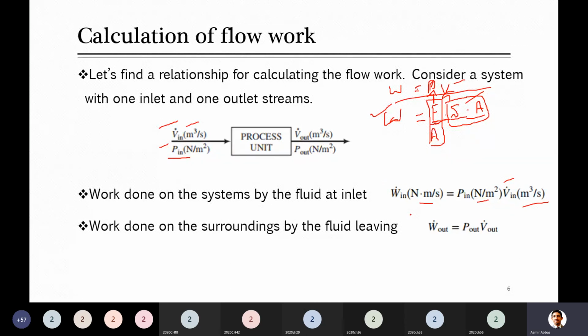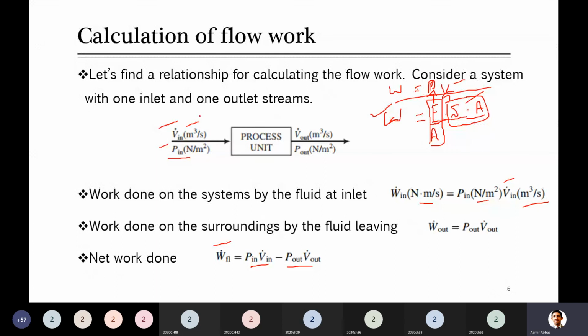Remember this please. So net work done. If I want to calculate net work, can you find that? That will be work done on the system, with positive value, minus work done by the system. Net work means overall you want to look at the effect of work. So overall flow work is just the difference between these two.